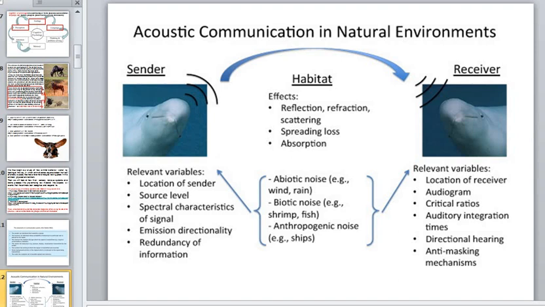Respectively, the sense organs are adapted to the environment and needs. So in water it is better to use acoustic signals, and a lot of animals use acoustic signals, and we will talk about this later.